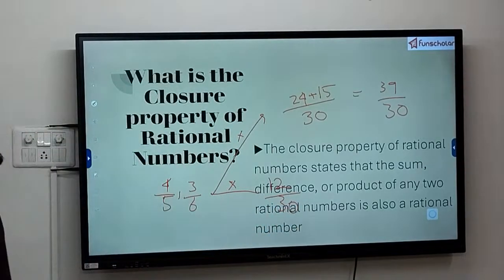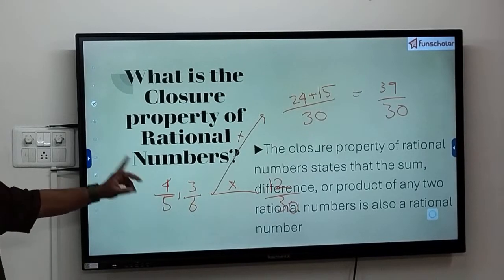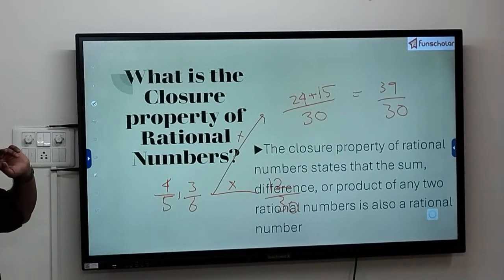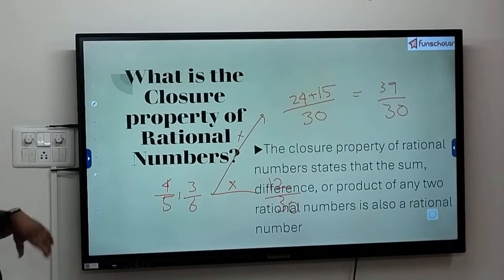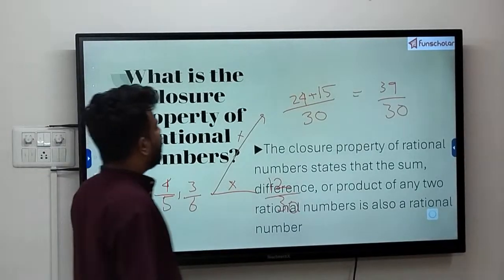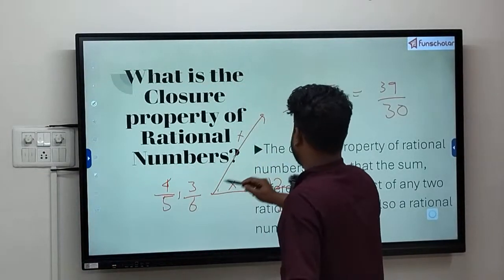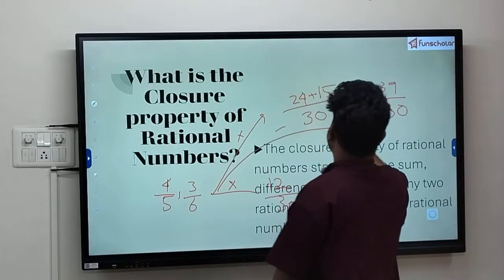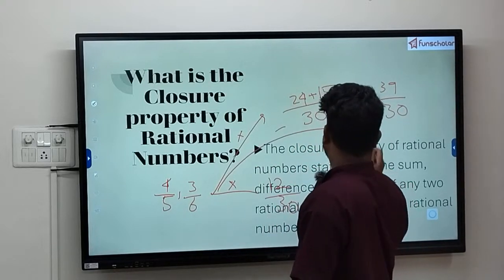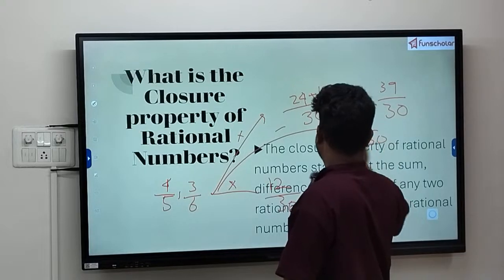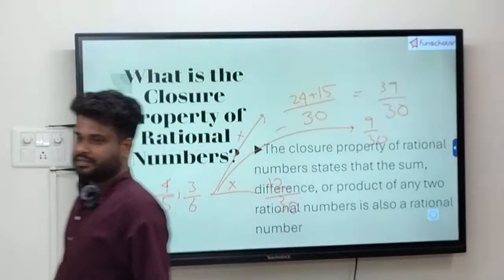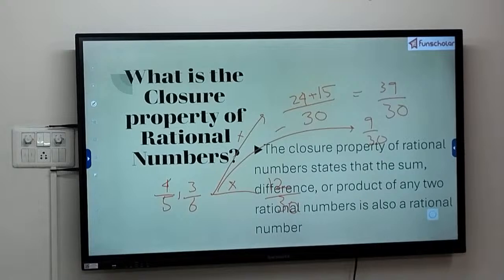And if we subtract, it will also be a rational number, 9 by 30. So all the operations are verified. This is called the closure property.